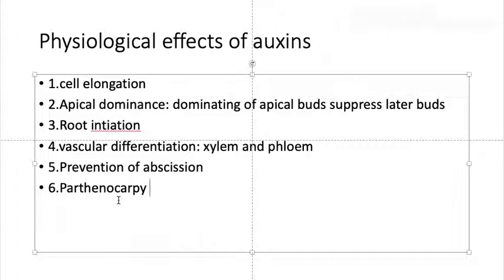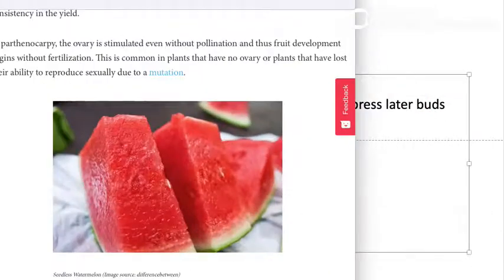And then let's look at the seventh point. The seventh point is that auxins help in callus formation. What is callus formation? Let me show you.